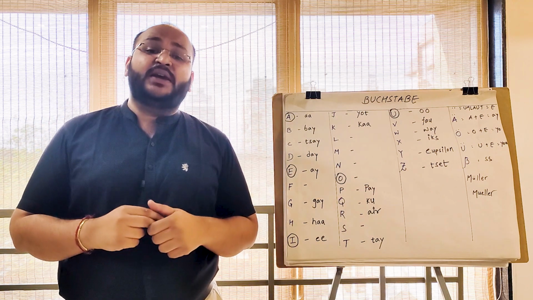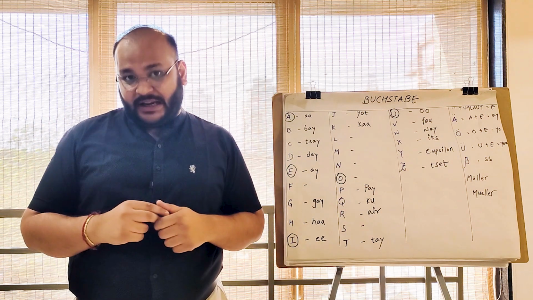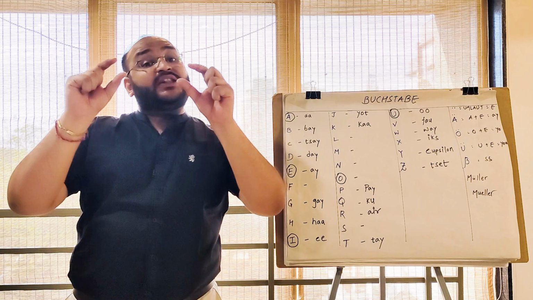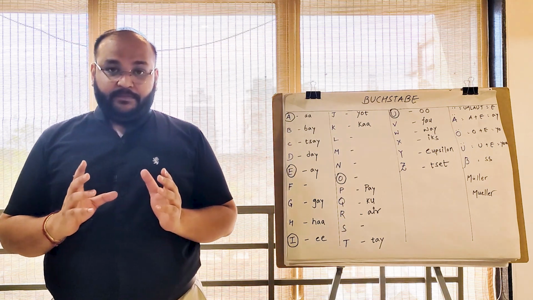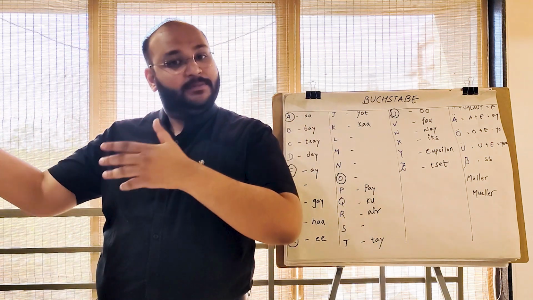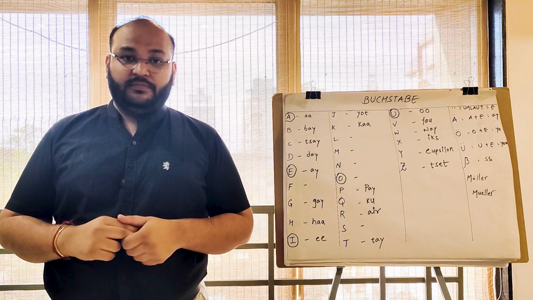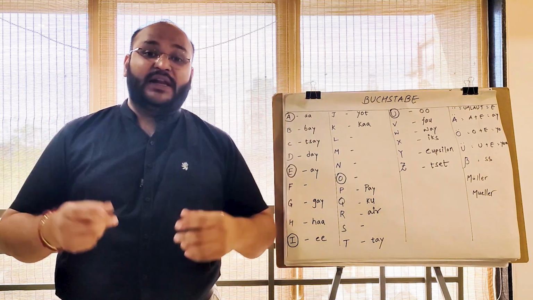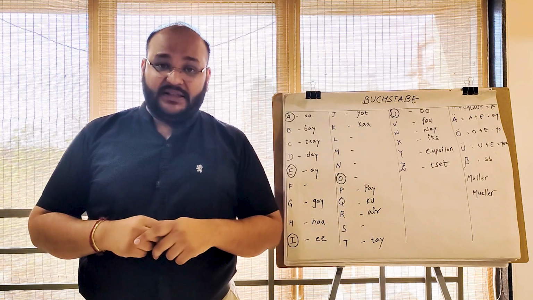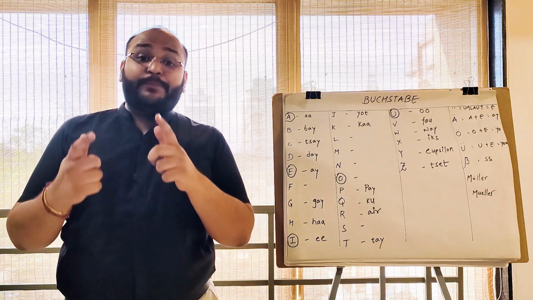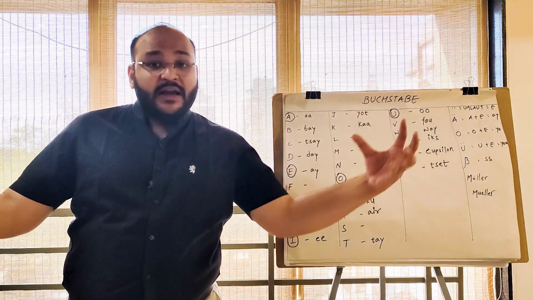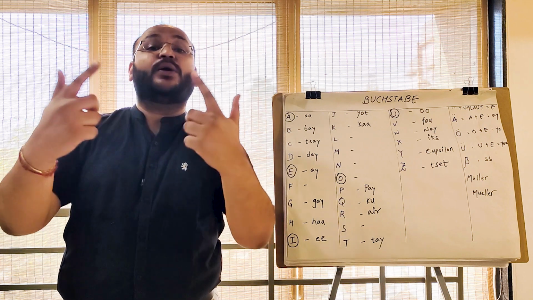So what is happening here is that there are two different types of pronunciation. First is the pronunciation of alphabets, like A, B, C, D, E, F, so on and so forth, the pronunciation of the individual letters. And the second is the pronunciation of the same letters when they are clubbed together and make a word.